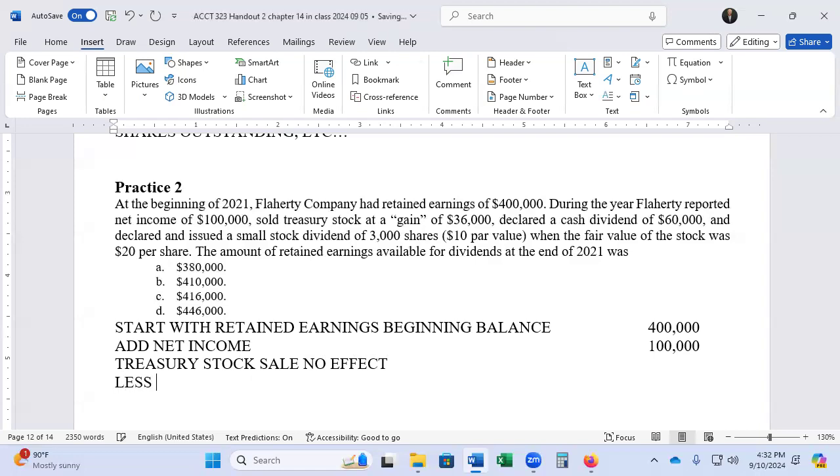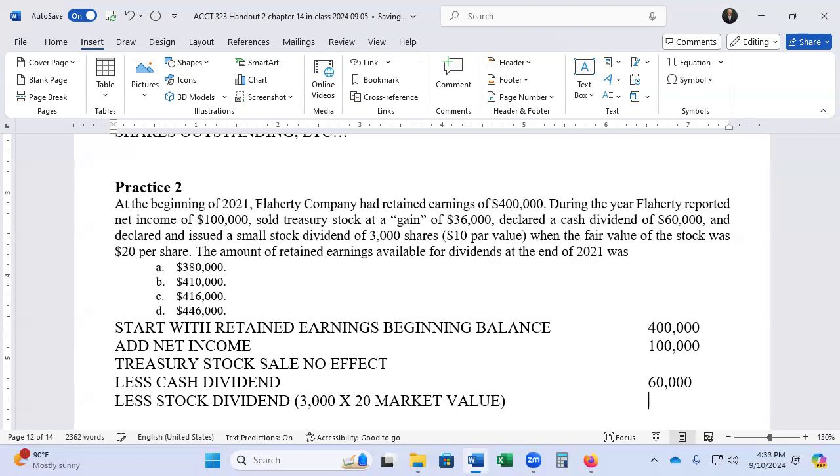Reduce it, so less cash dividend of 60,000. And then less stock dividend. We know this one's small, so we're going to take the number of shares, 3,000 times the $20 market value. And that is also 60,000.